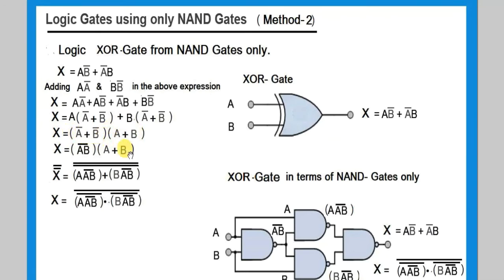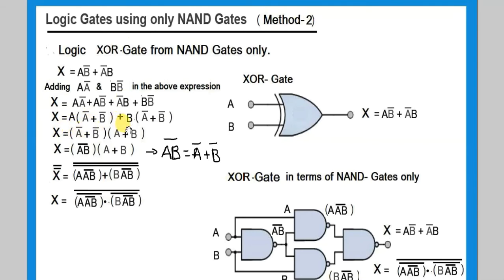Now we can write A complement plus B complement as the complement of AB, because of De Morgan's theorem. Let me write it over here.